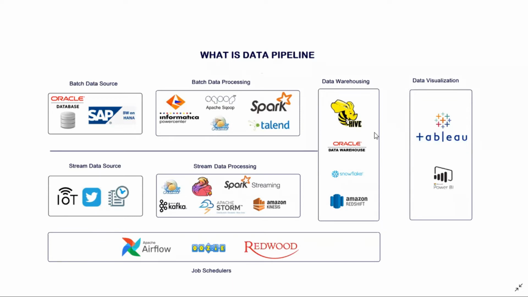Somebody should have the software to run these jobs at regular intervals based on our requirement. In the market at present, Airflow is the best and many people are using it, and then Oozie and Redwood, and I think other tools like Azkaban as well. I'm not sure about it, but these are the general tools that we use in our big data projects.